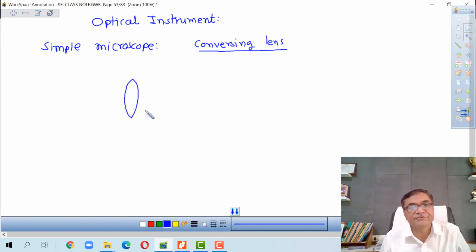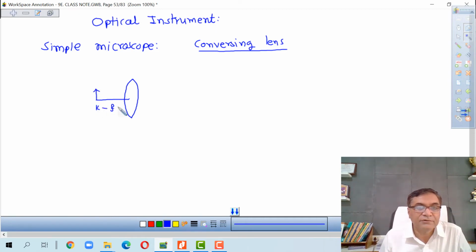This is our lens and we are putting our object near to focal length. જો આ ઓબ્જેક્ટને આંખથી જોઉં તો નાનું ઓબ્જેક્ટ છે, અને એને કમ્ફર્ટથી જોવા માટે મારે ક્યાં જવું પડે? At 25 centimeter.